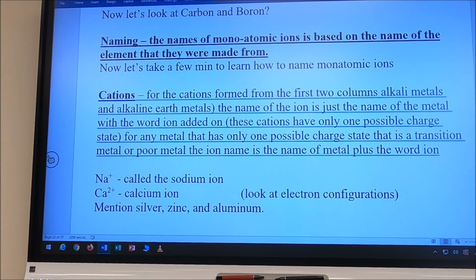So we're going to talk about naming monatomic ions. Our naming of monatomic ions is based on the name of the element that we're making the ion from. So let's start by naming cations.